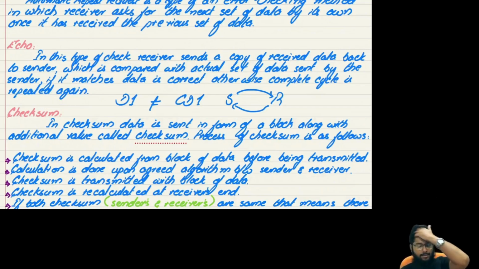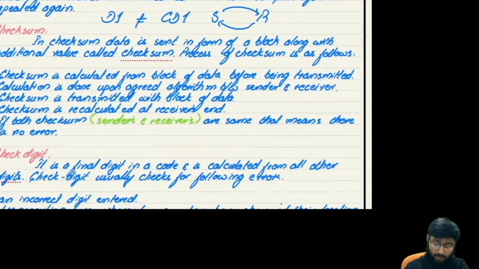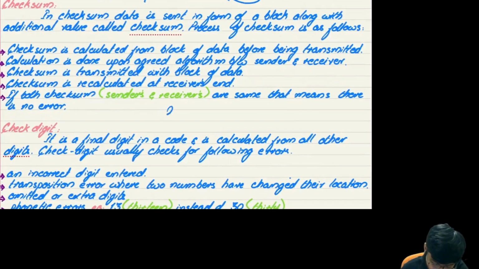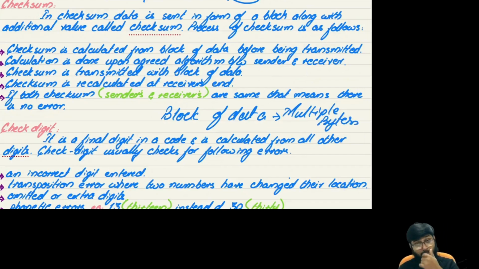Coming towards the next error detection method, that is known as the checksum. Now checksum is calculated from the block of data. What do you mean by a block of data? Block of data means multiple bytes.